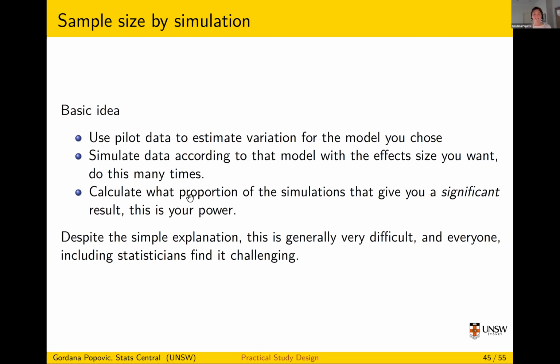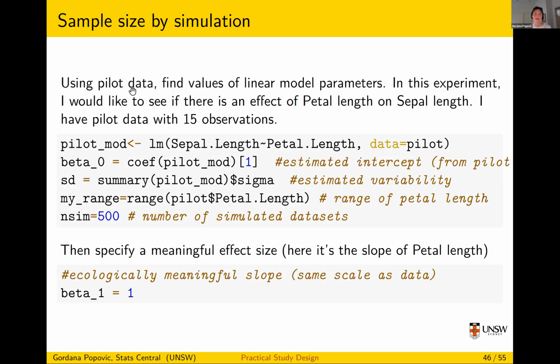Okay, so it sounds kind of simple, but it's quite difficult to do. So you need the pilot data. This is kind of how it looks. I've got this data set, which I'm going to fit a linear model to. I have some data on some plants.